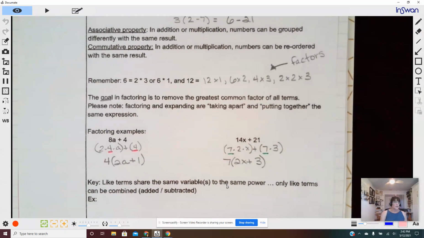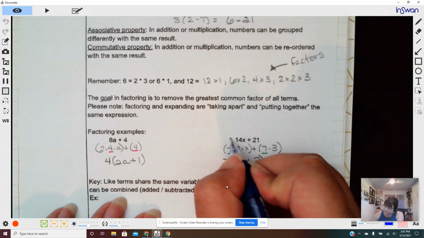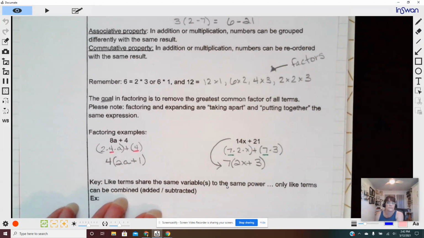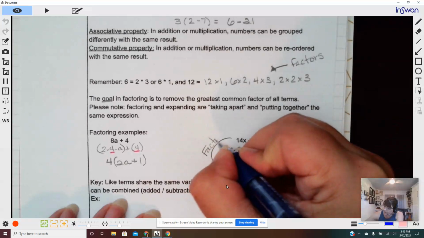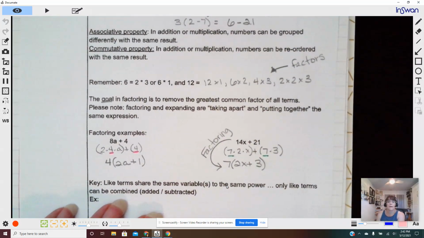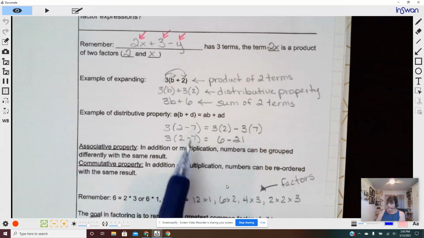Okay. Now I want to point something out. This that we just did, going from there to there, that is factoring. But notice right above, we had the same idea, only we went in the reverse.